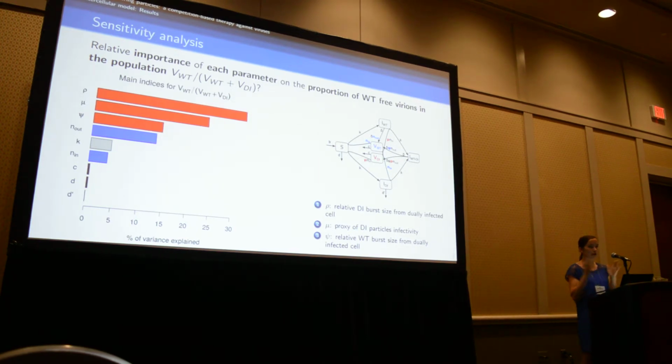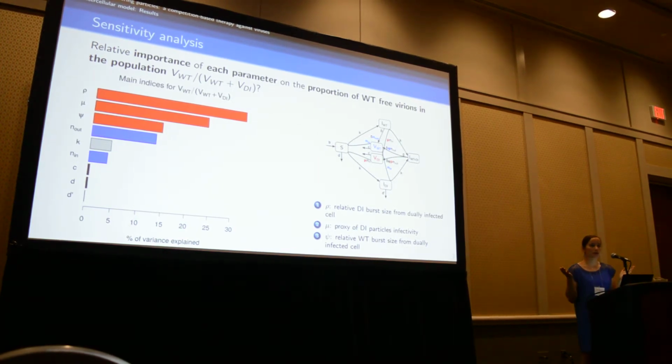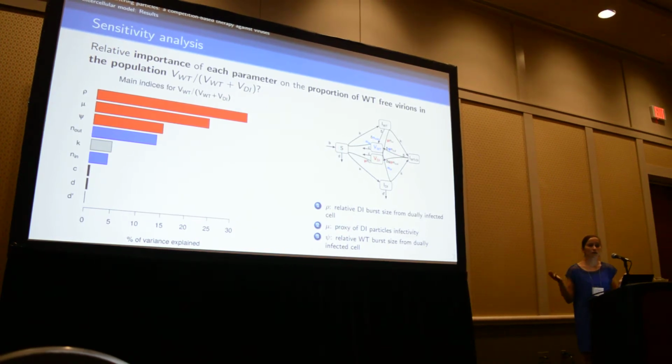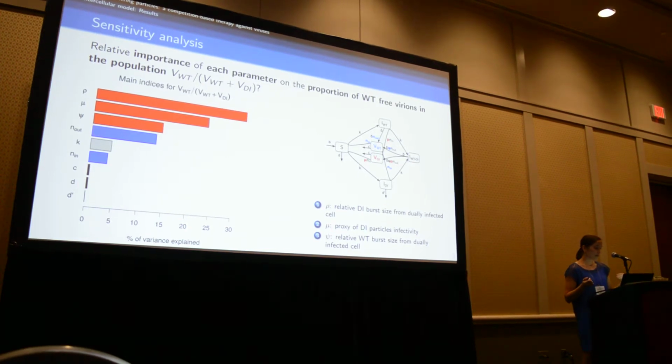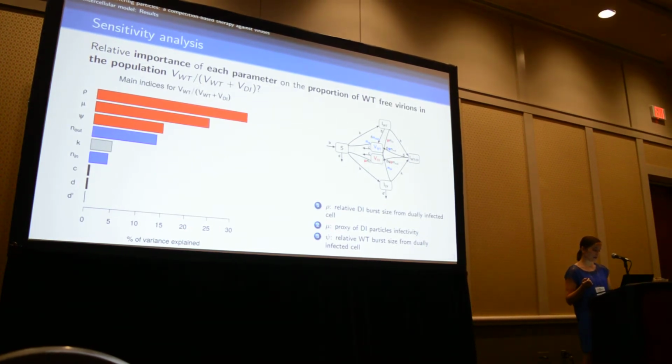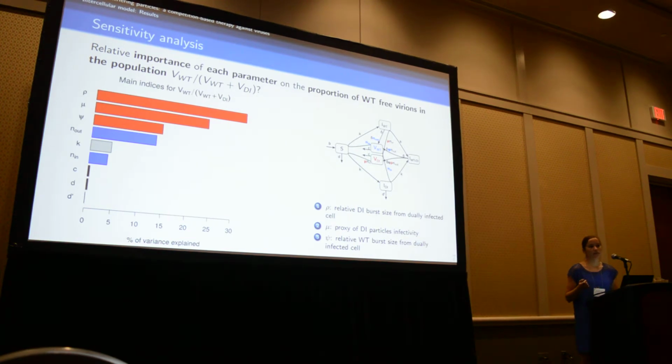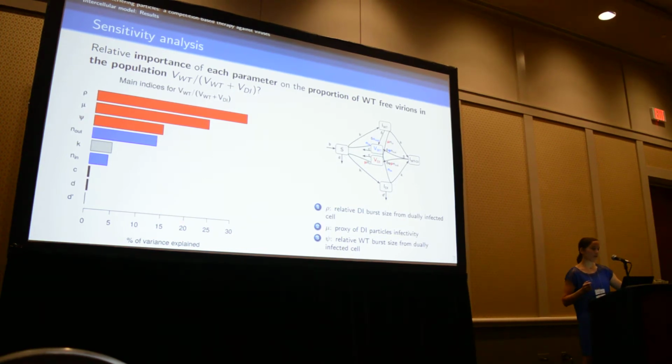So the larger the percentage of variance explained, the more important or influential the parameter is on the variable of interest. You can see that the three most important parameters that I highlighted in red on the bar plot are, very interestingly, directly related to the DI. So we have again Rho and C, which are the relative DI and Y-type burst sizes from dually infected cells.